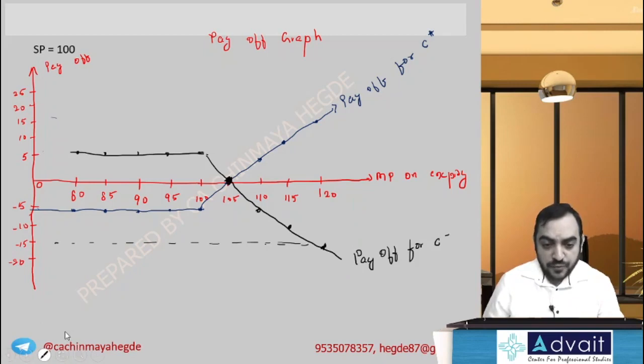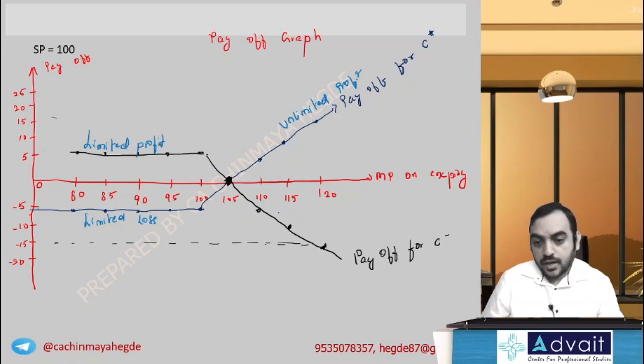For the holder, C plus, we have unlimited profit and limited loss. And here for the writer, we have limited profit and unlimited loss.